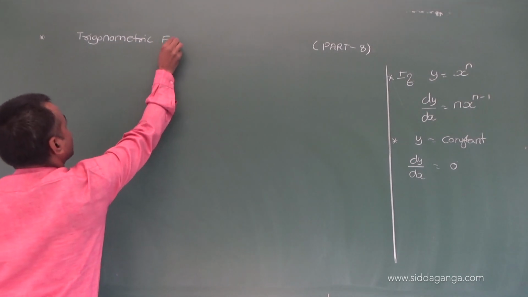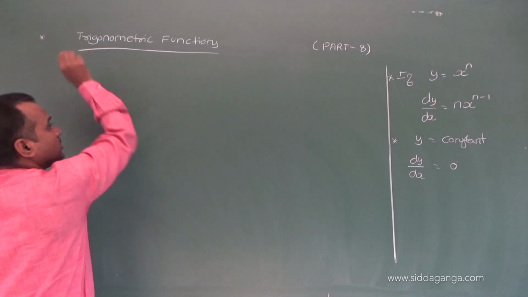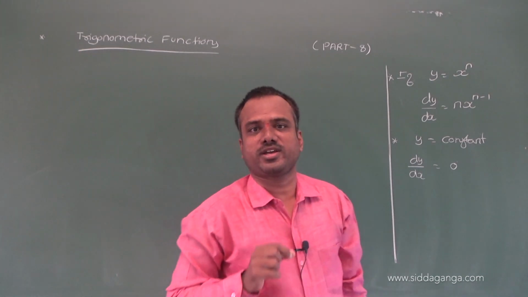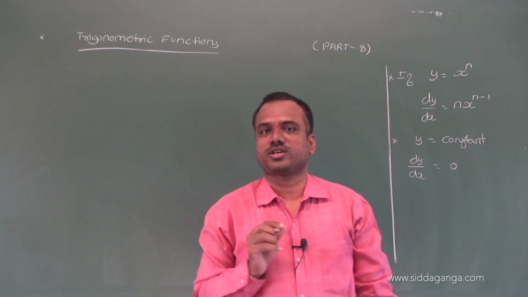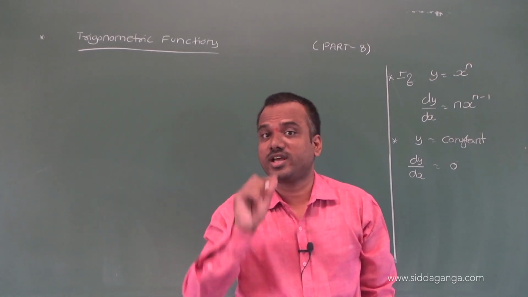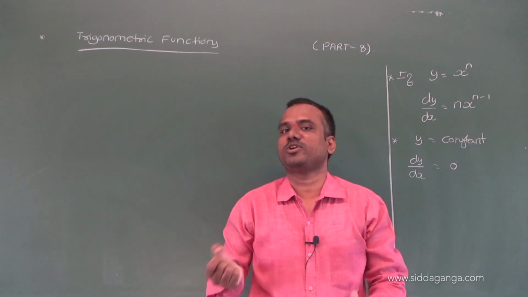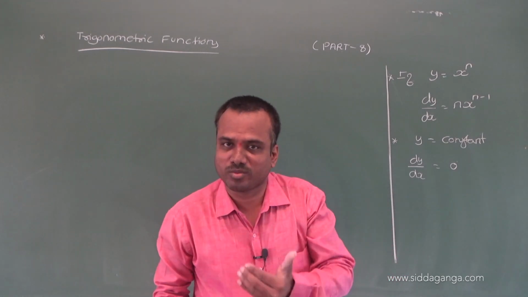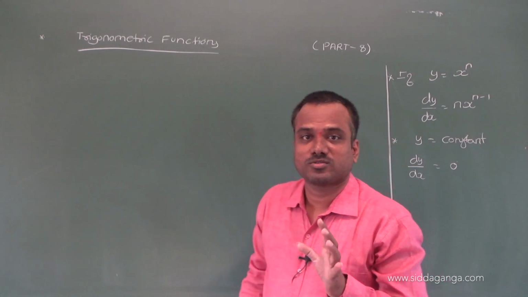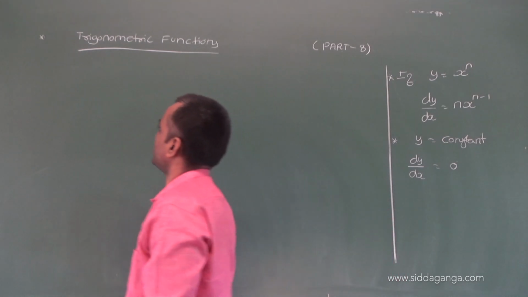Trigonometric functions means the derivative of sin x, cos x, tan x, cot x, cosecant x, and secant x. One by one we will discuss. This concept is very important for the annual examination.